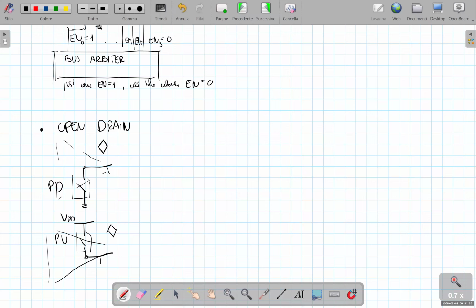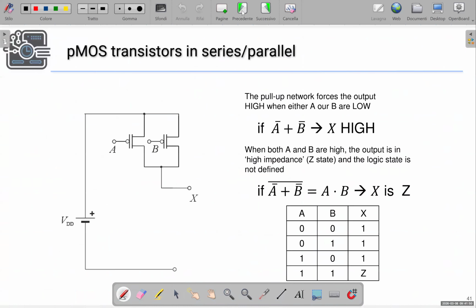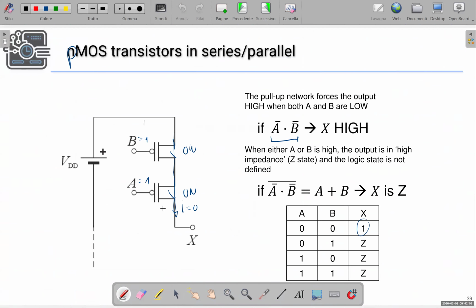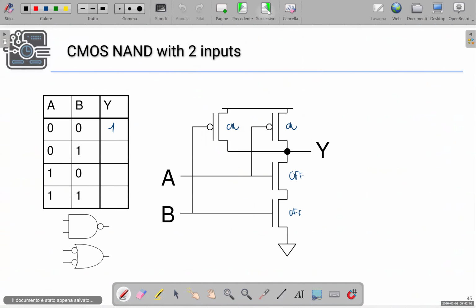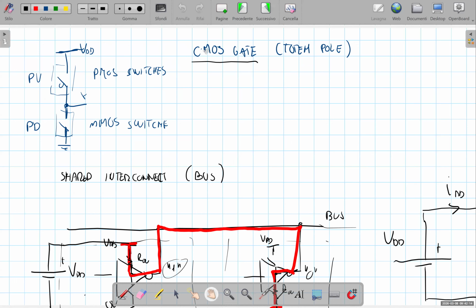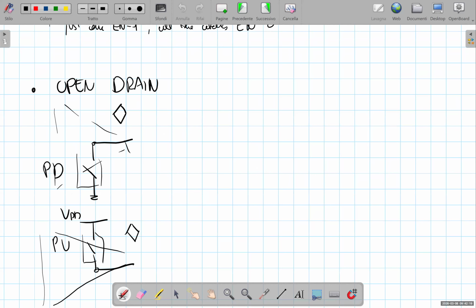Clearly, this gate is similar to the half CMOS gate that we discussed when introducing CMOS gates, in which we have just the pull-down network or just the pull-up network. We have already discussed that these structures make it possible to force just one logic level.